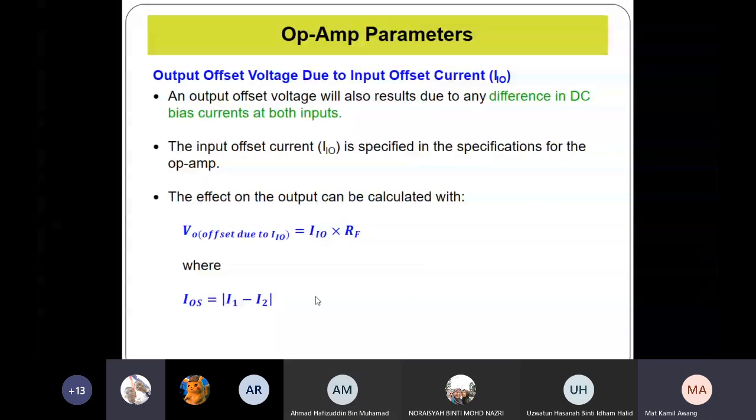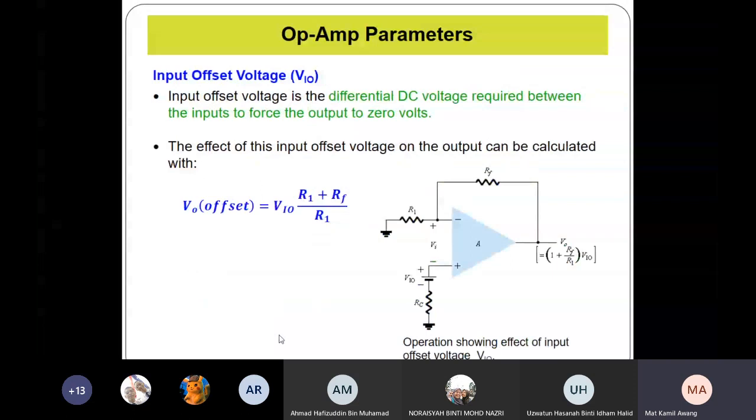Output offset voltage due to the input offset current. An output offset voltage will also result due to any difference in DC bias current at both inputs. Basically you have two currents: the current to the negative terminal and the current through the positive terminal.